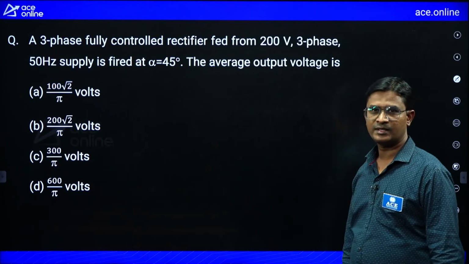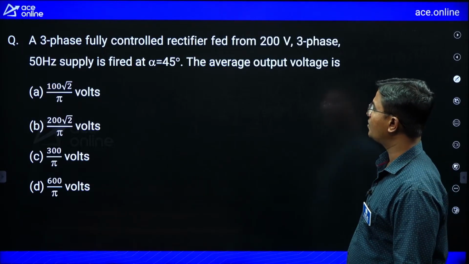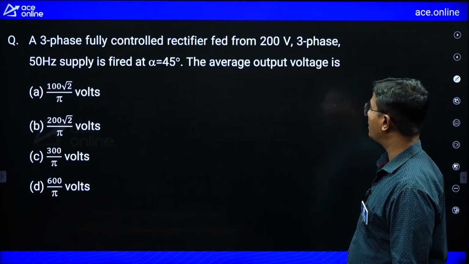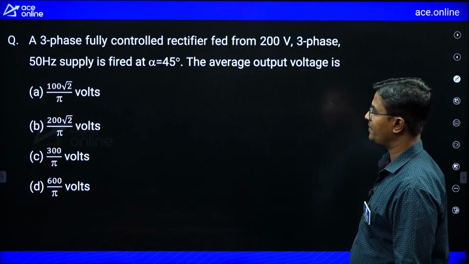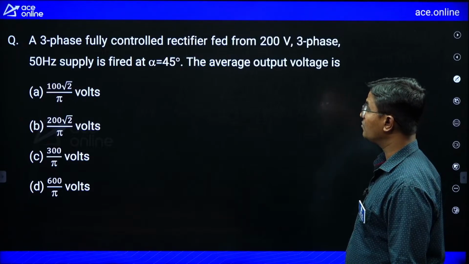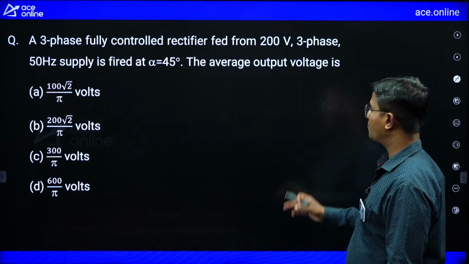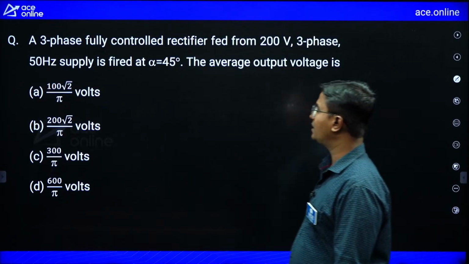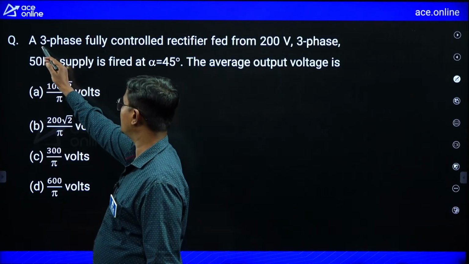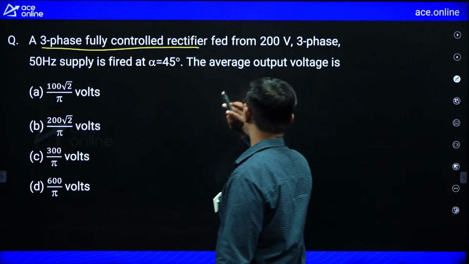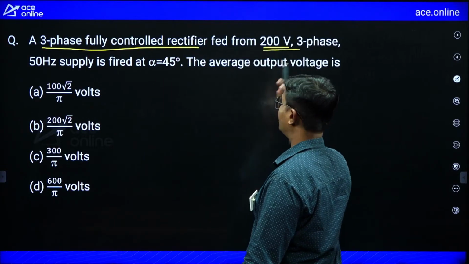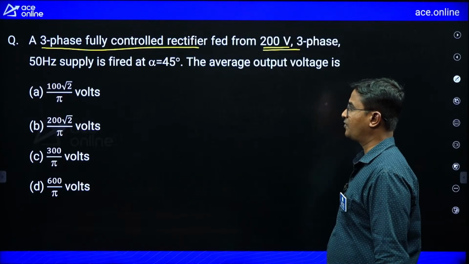Next, a 3-phase fully controlled rectifier fed from 200 volt 3-phase 50 Hz supply is fired at alpha equal to 45 degree, the average output voltage is, yes, which converter? 3-phase full converter, fed from 200 volt 3-phase supply and alpha is 45 degree.